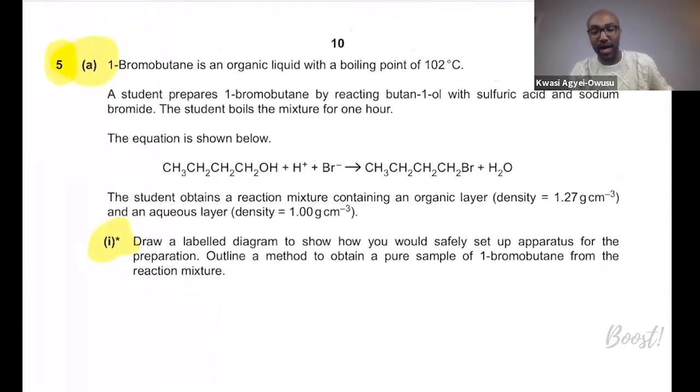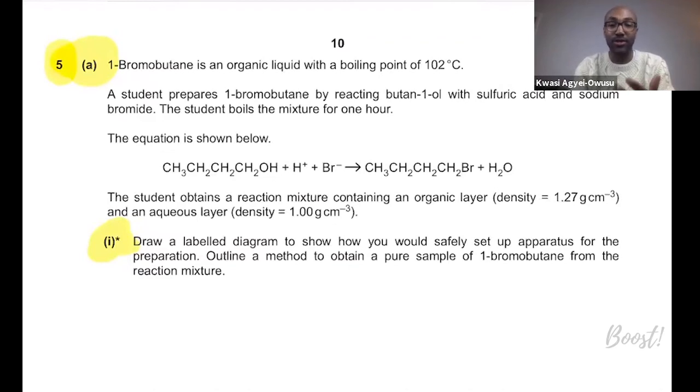We're told in 5A that 1-bromobutane is an organic liquid with a boiling point of 102 degrees Celsius. A student prepares 1-bromobutane by reacting butanol with sulfuric acid and sodium bromide.